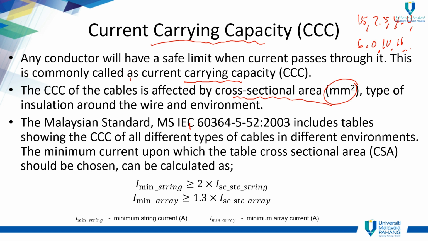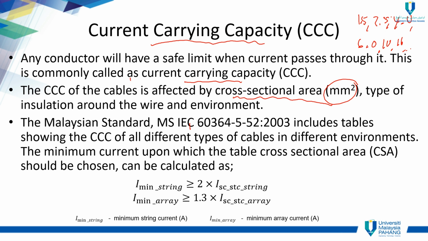Remember, this is not the thickness of the cable. It refers to the cross-sectional area of the copper inside. So it's all about the area, not the thickness. 1.5 millimeter square does not mean 1.5 millimeter in thickness, and it's also not the diameter. It's actually the cross-sectional area.